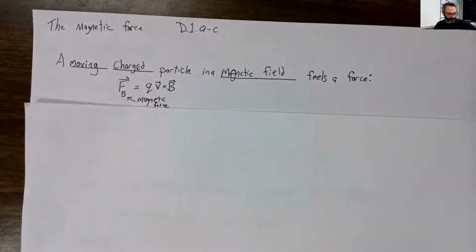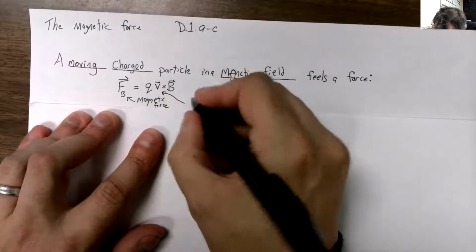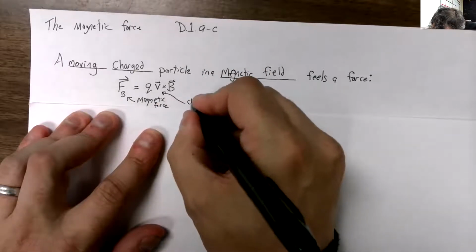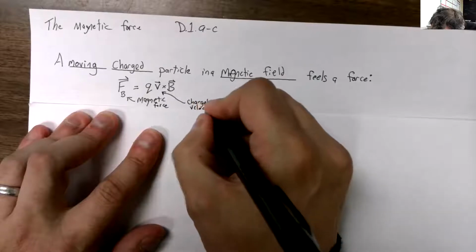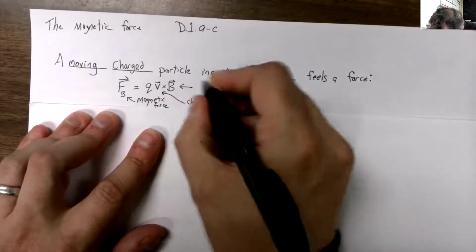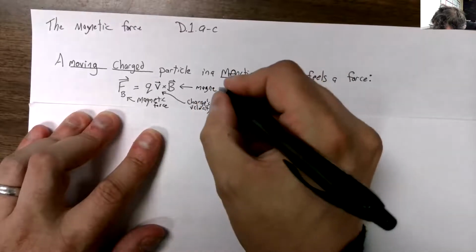So F_B = Q V cross B, that's the equation for the magnetic force. V is the charge's velocity, and B here is the magnetic field strength at the point where the particle is.